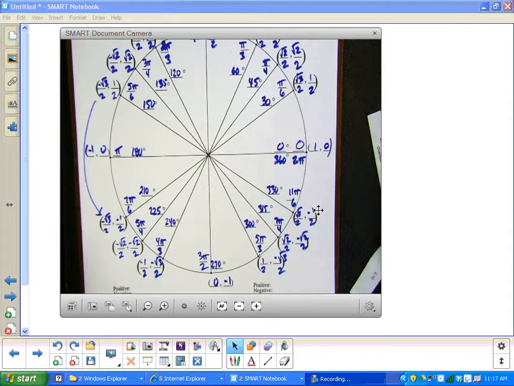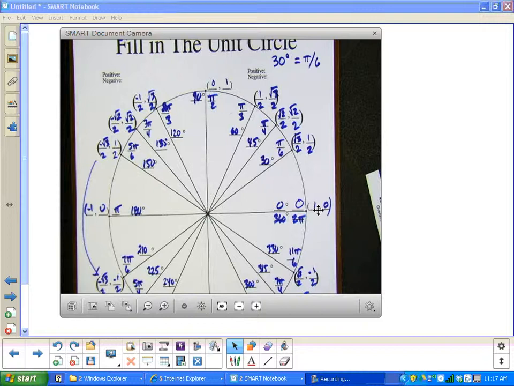All right, what is this positive, negative stuff that we're talking about? All right, and now dual enrollment, I tell you this, sometimes there might be some tests where you won't need the degrees.